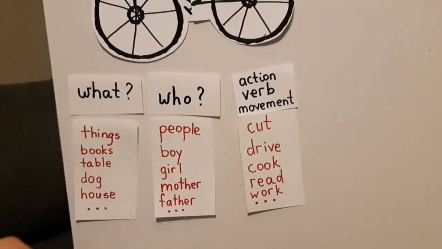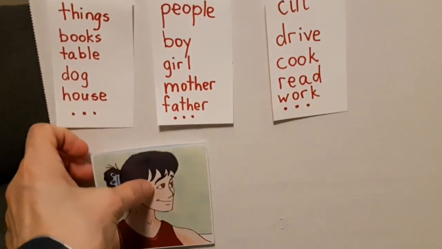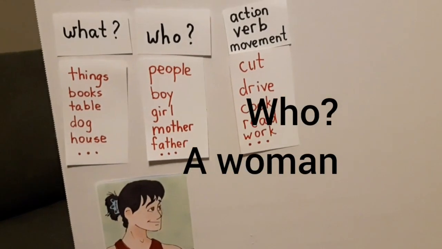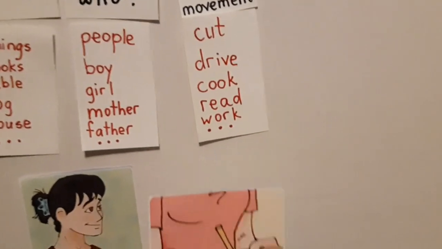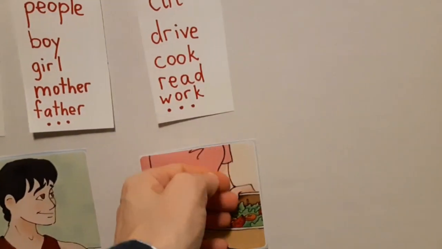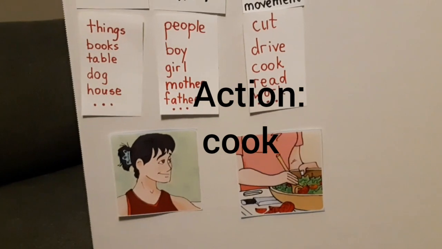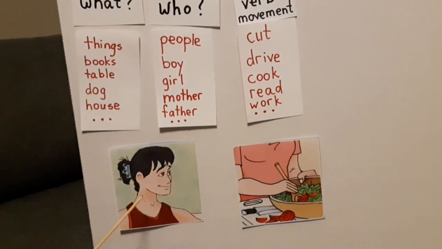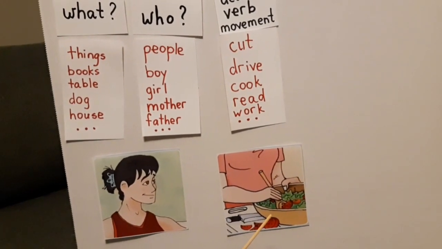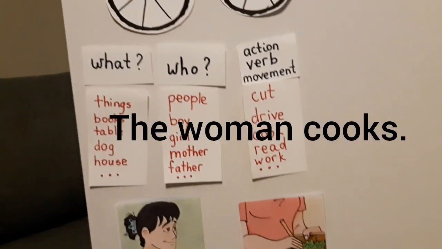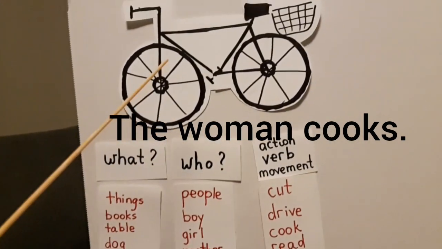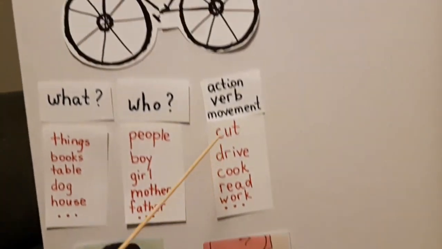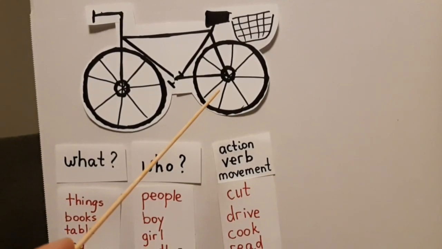So the first one I'm going to choose is a woman. The next one to show the action will be cook. So my English sentence will be the woman cooks. The woman will be the first wheel. Cooks is the action, will be the second wheel.